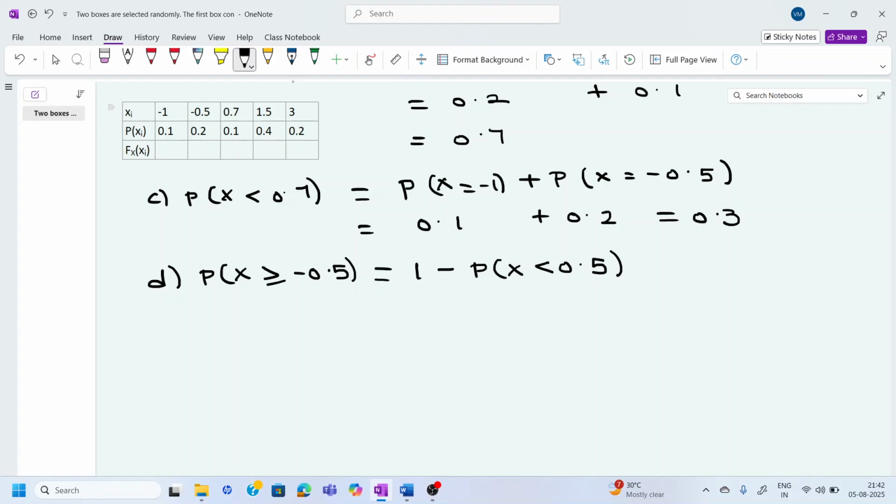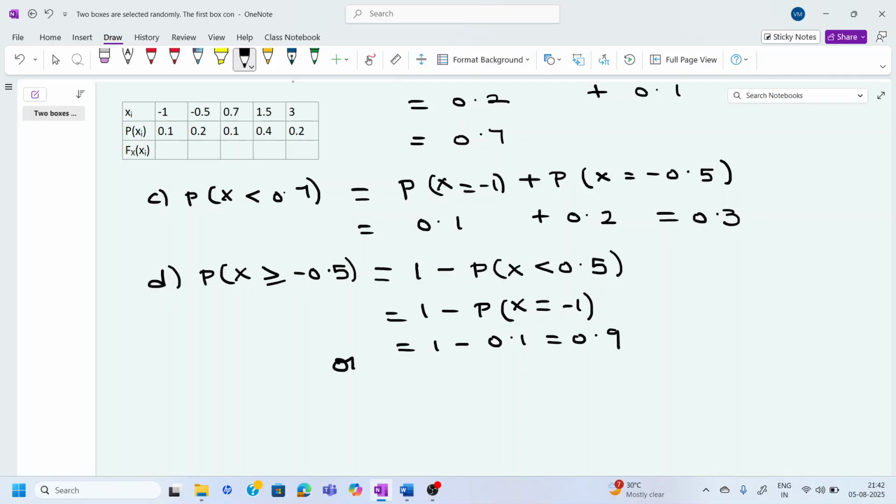Less than minus 0.5 we have only one value, which is nothing but probability of x taking minus 1. So 1 minus 0.1 is equal to 0.9.